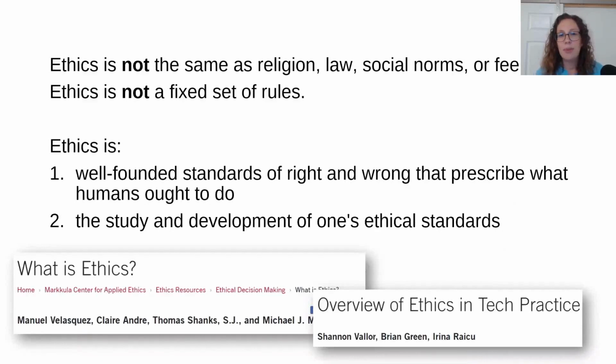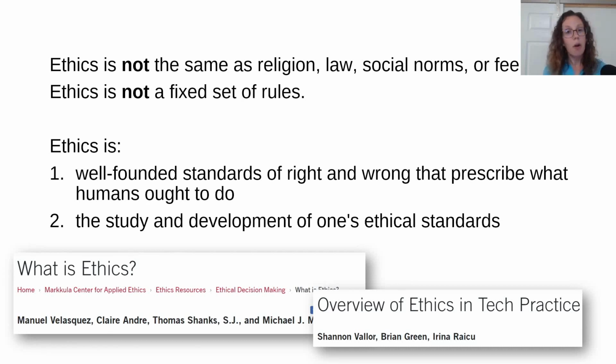Ethics is not the same as religion, laws, social norms, or feelings, although it does have overlap with all these things. It's not a fixed set of rules. It's well-founded standards of right and wrong. Clearly not everybody agrees on the ethical action in every case, but that doesn't mean that anything goes or that all actions are considered equally ethical.